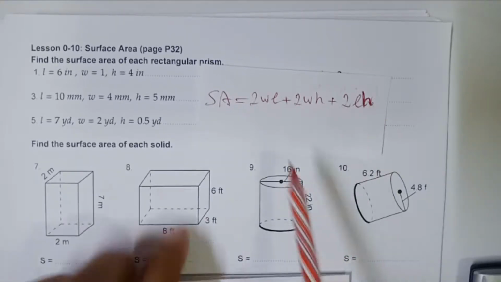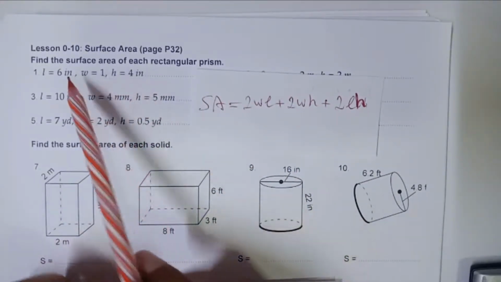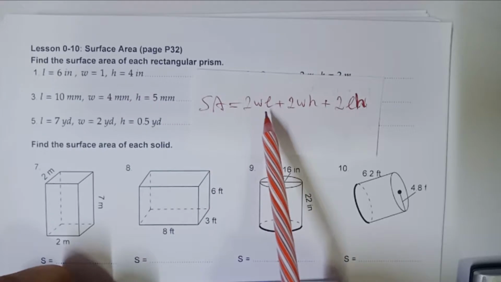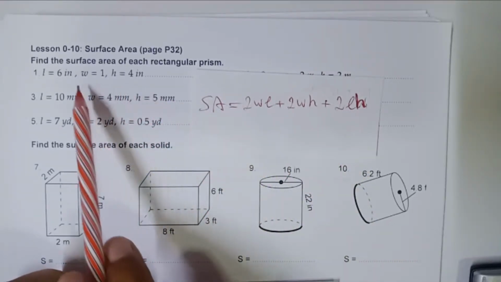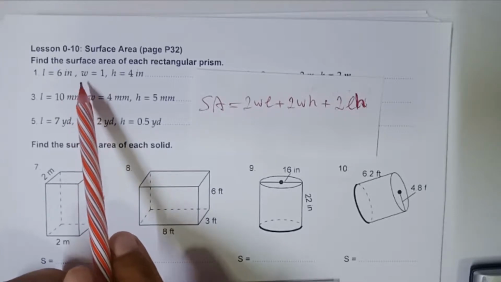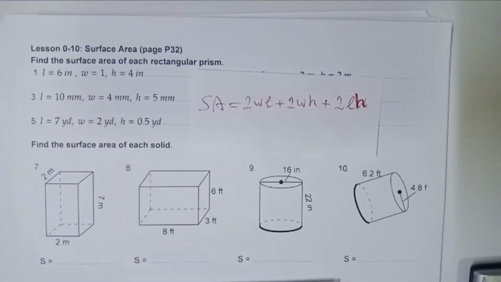L is for length, W for width, and H for height. By following this formula, I'm pretty sure you can find the surface area of the rectangular prism.